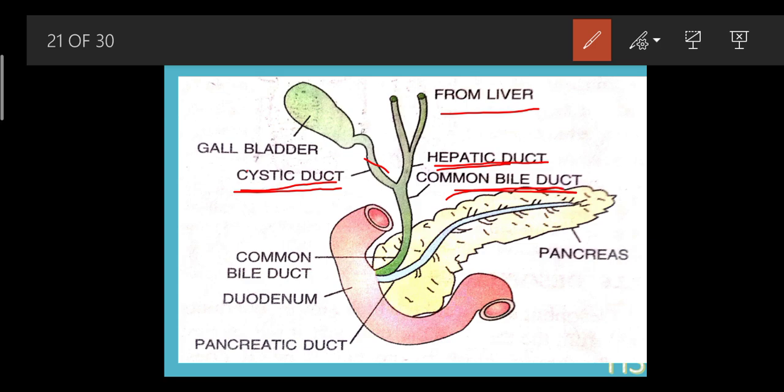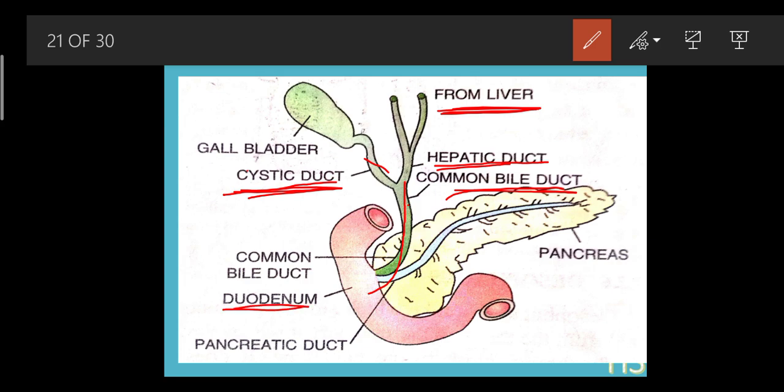One juice comes from the liver, and one from the cystic duct, and when they meet together, they are called the common bile duct. Now they secrete this directly into the duodenum.